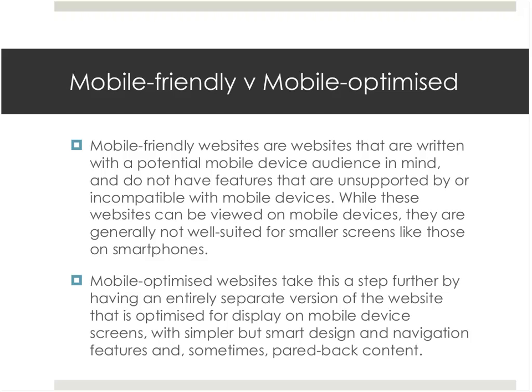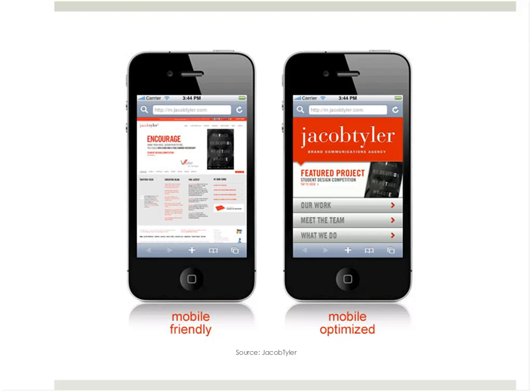So, in my view, there's a difference between mobile-friendly and mobile-optimized websites. Mobile-friendly websites are basically websites that are just written with a potential mobile audience in mind. They are not optimized for the mobile audiences.